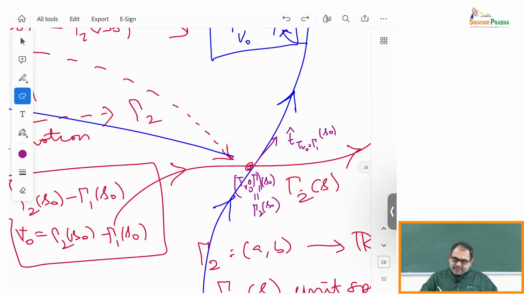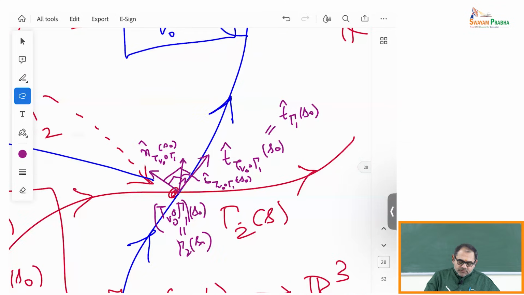And at that point, I am going to get the Frenet-Serret frame of T V naught circle gamma 1 of S naught. Mind you, this is the same as the Frenet-Serret frame of gamma 1, because the difference is only a translation. So this guy is the same as the second member of the Frenet-Serret frame for gamma 1.